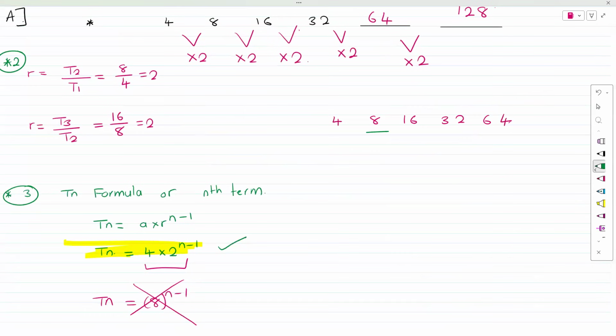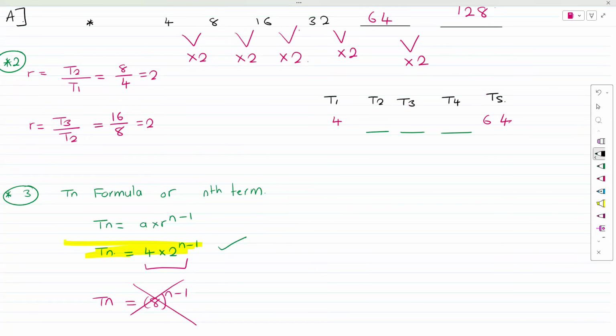Let's put some unknowns and let's remove all of this. And now if I just gave you this pattern, but I tell you, listen, this is geometric. Solve the unknown terms. What you would do is label it. This is term 1, term 2, term 3, term 4, term 5, right?